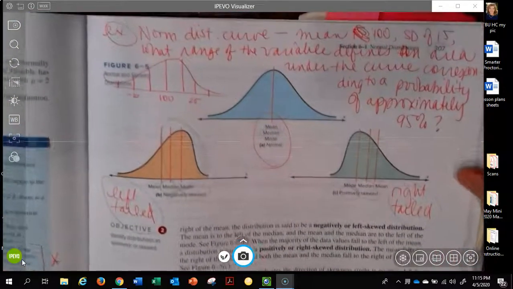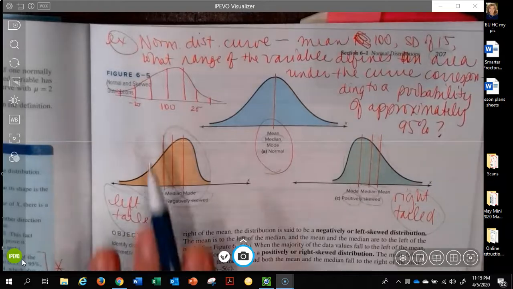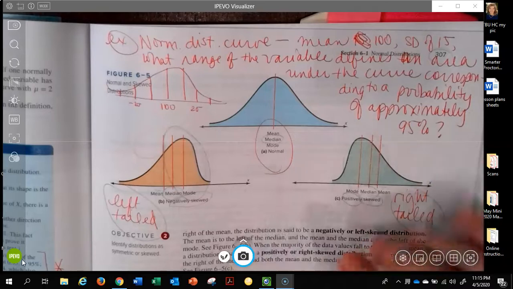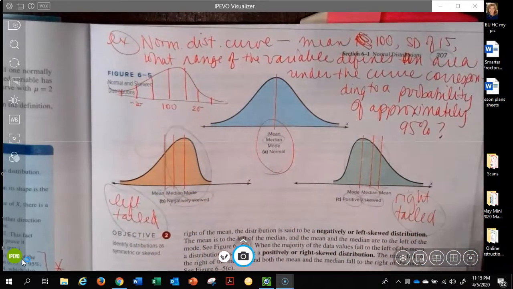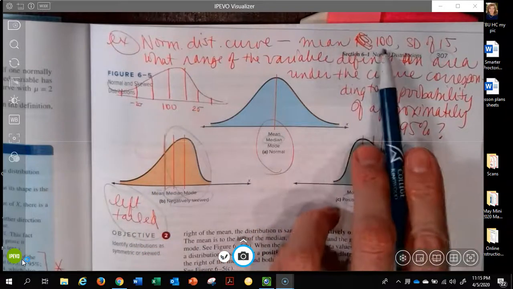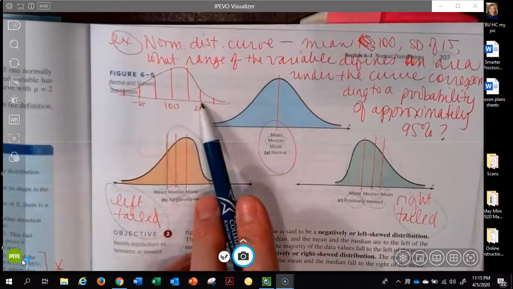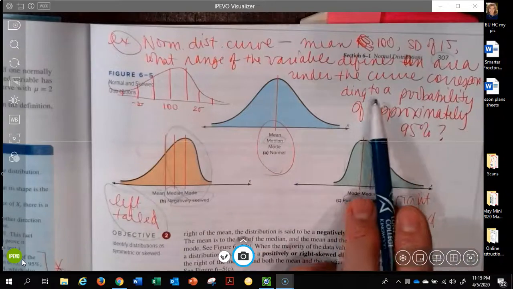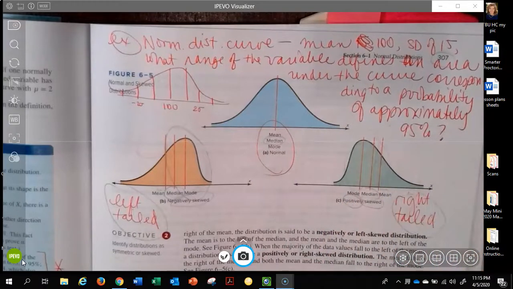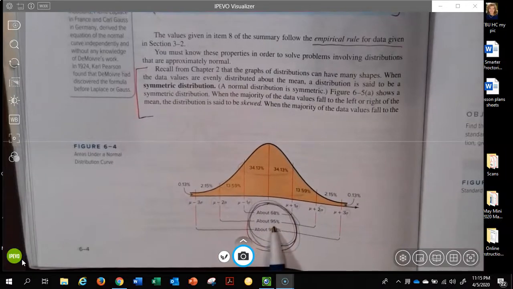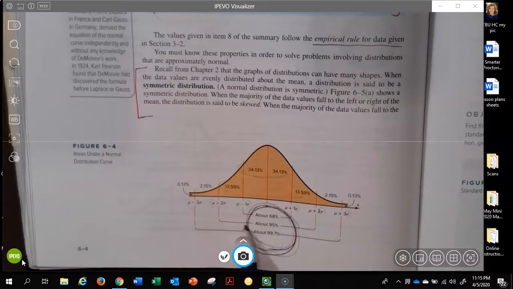These are the 3 numbers I want you to memorize, and the corresponding deviations. Up here I wrote us some notes looking at corresponding probability, and so this was an example I would use in class. If we drew this normal curve and we put the mean at 100 and a standard deviation of 15. What is the range of variables that defines the area corresponding to the probability of approximately 95%? So coming back down here, about 95% would be the same as 2 standard deviations on both sides of the mean.